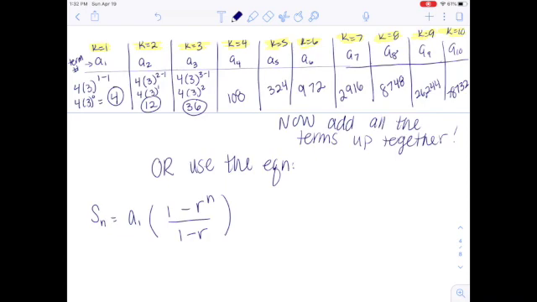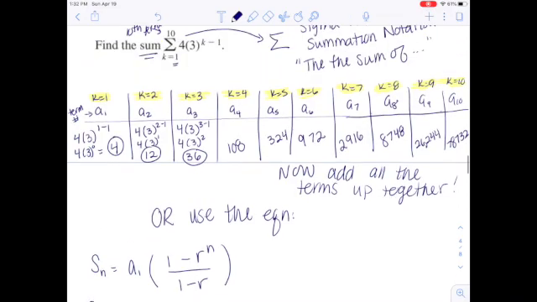All you need to find is your first term, a sub 1, and your r, your common ratio of r, and you need the sum up until the 10th term. So we're going to use n as 10. So the sum up until the 10th term is equal to 4, which is our first term, times 1 minus r.